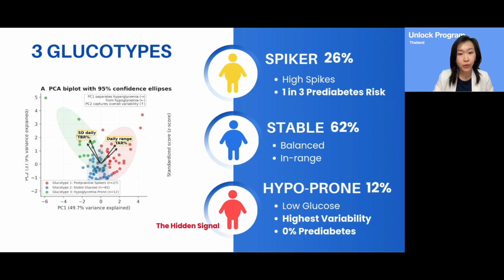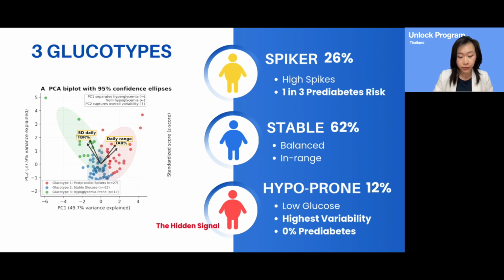The first group was the postprandial spiker phenotype, comprising 26% of participants. This group showed the highest hyperglycemia burden with elevated time above range, wide daily glucose excursion, and the highest hemoglobin A1C among the three groups. Importantly, prediabetes prevalence reached 33%, more than double the rate observed in the stable group.